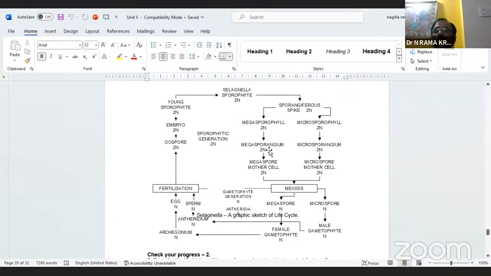After the development, in between the sporophylls there are spores. We say there are spore mother cells. One is going to be modified into megaspores, and similarly the second one is going to be modified into microspores.